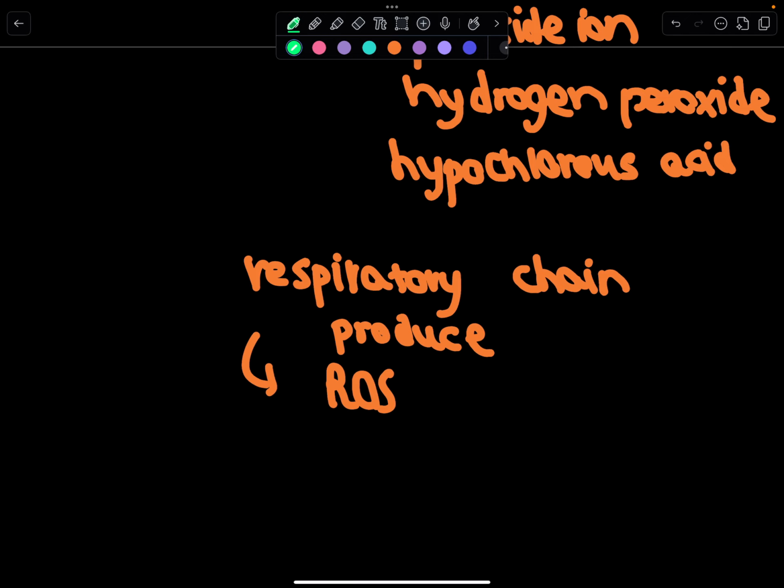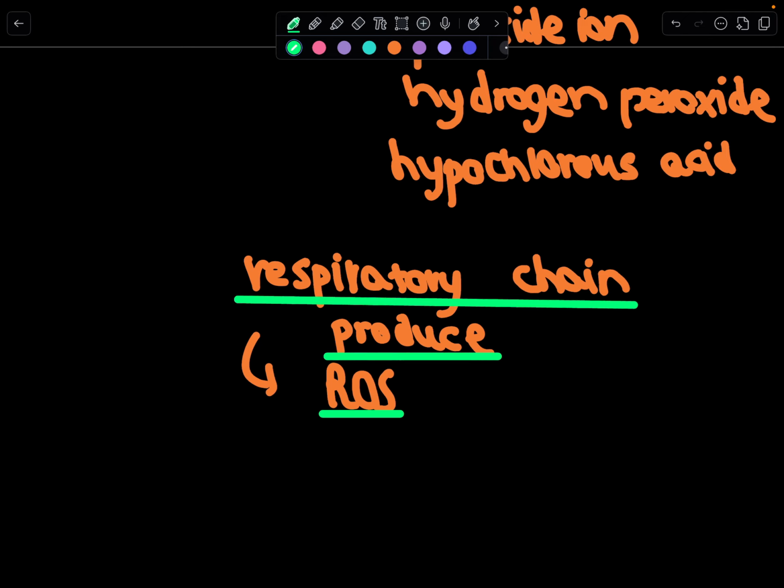This happens because the ETC handles high-energy electrons from NADH and FADH2, and small amounts escape the chain, especially under stress or damage, forming ROS. These ROS, including hydroxyl radicals formed from superoxide, damage mitochondrial DNA, proteins, and lipids, driving oxidative stress and mitochondrial dysfunction.